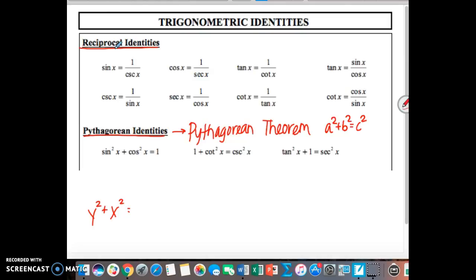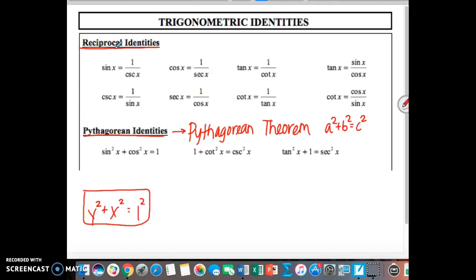In the unit circle, our radius is 1, so 1 squared. One of our side lengths will be y, and the other leg of our triangle will be our x, and the radius will always be 1. And this is why y squared plus x squared equals 1 squared. That's why this works for the unit circle. So that's how we end up with sine squared of x plus cosine squared of x equals 1.